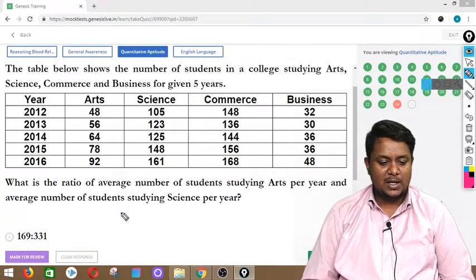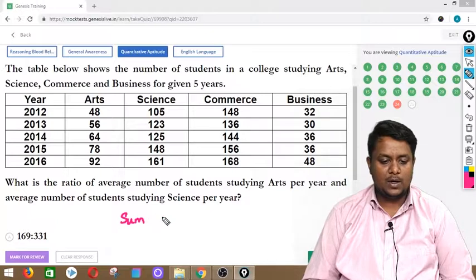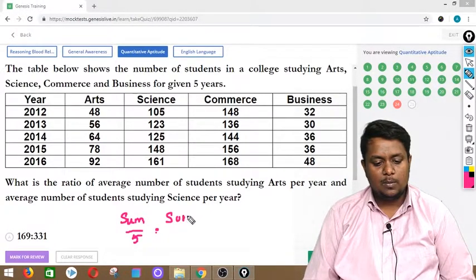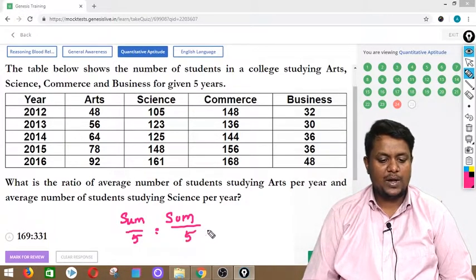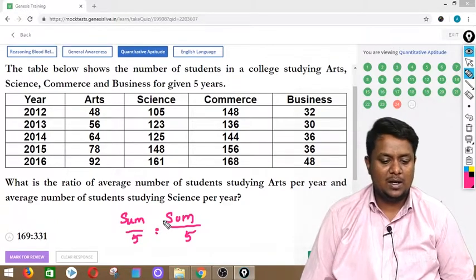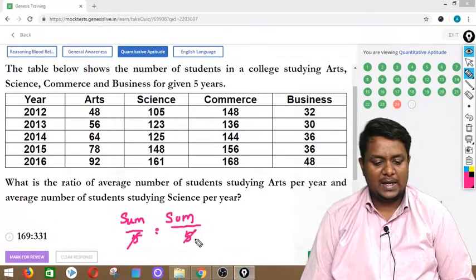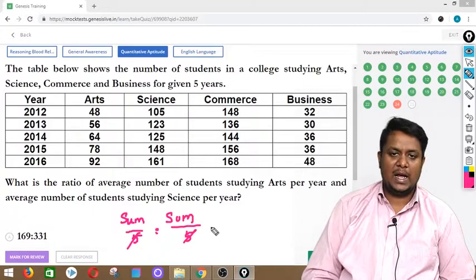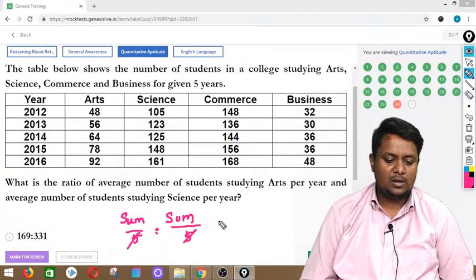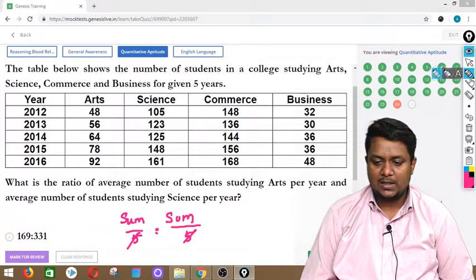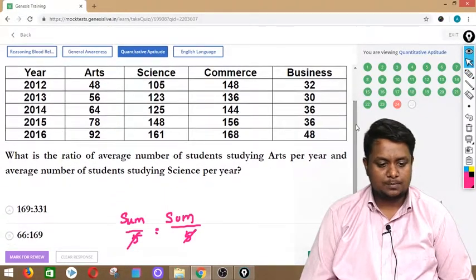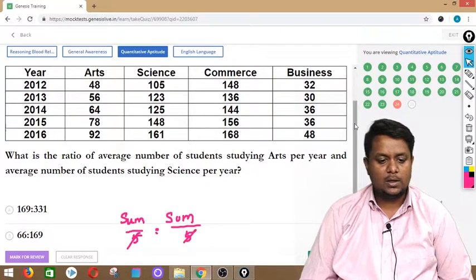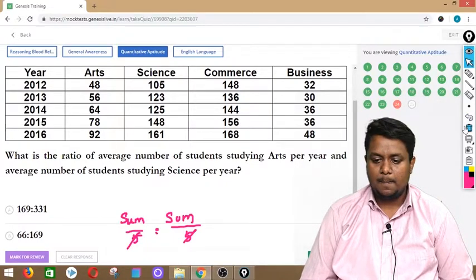Now average is the sum of arts by 5 is to the sum of science by 5. So anyway the ratio is similar, this 5 and 5 will get cancelled. Instead of taking a ratio for average, we can directly take the ratio for the sums. So what are the sums? Let us see. We have to add the number of students in arts and science.